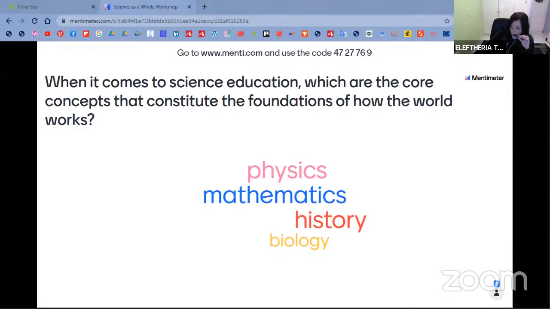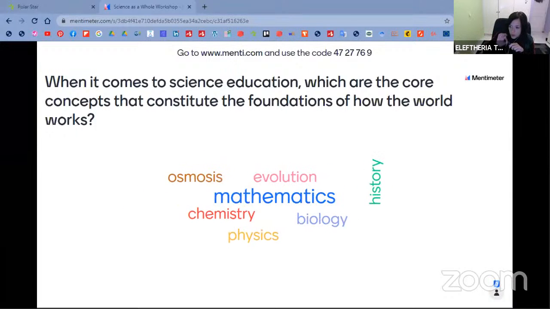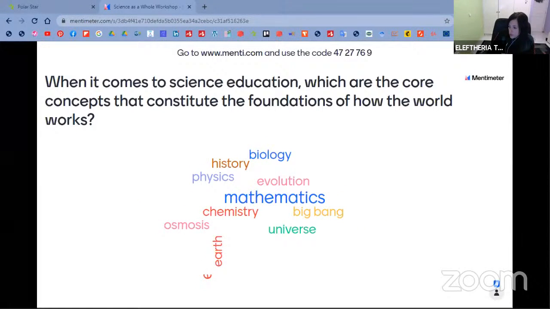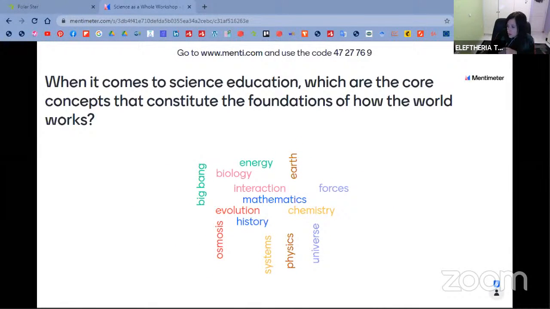Well, these are physics, mathematics, history, and biology. These are not really core concepts. These are disciplines. We're talking about the actual things that you teach them, the really, really small individual concepts. I can see evolution, I can see osmosis, I can see Earth, the Big Bang, interactions.